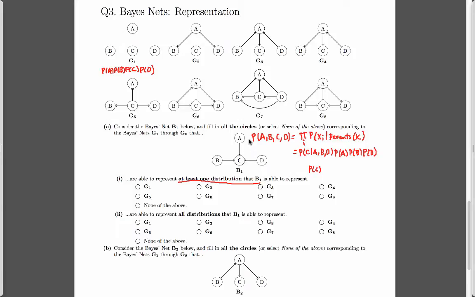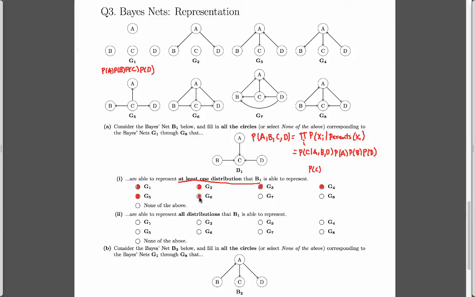And it's actually true that all of these networks can represent that one distribution in which all of the variables are independent and can be factored as the probability of A times the probability of B times the probability of C times the probability of D. So therefore, all of these networks can represent at least one distribution that B1 is able to represent, because B1 can represent this mutually independent distribution, as can all of the graphs above.